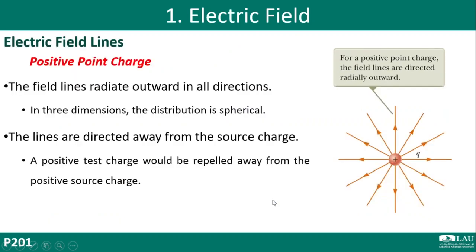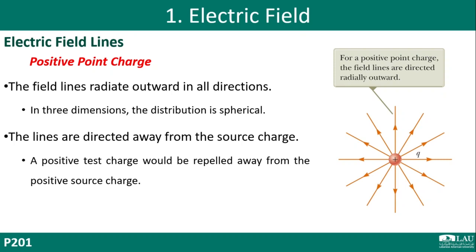If we need to represent the electric field lines for a point charge, if it's a positive point charge, the field lines radiate outward in all directions. Now, if you are working in three dimensions, the distribution will be a spherical distribution.